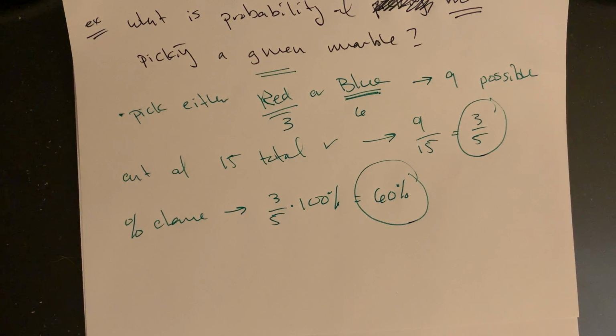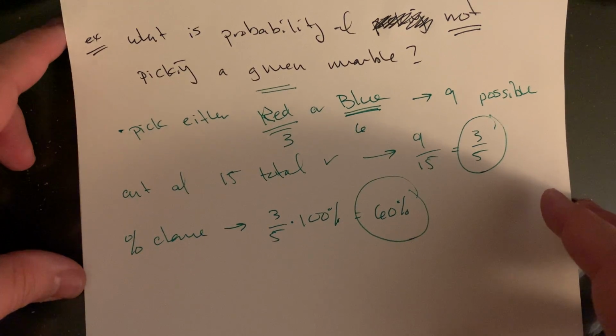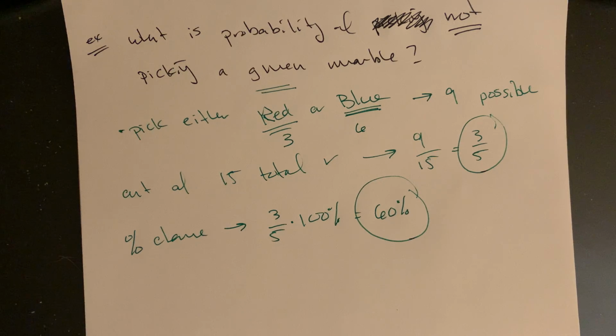Sometimes questions that use this sort of not framing are referred to as a complement, meaning it's sort of an opposite kind of thing. So you could actually find the probability of picking a green, which would be 6 out of 15, and then subtract that probability away from 1. You're saying the probability of this thing not happening is the opposite of the probability that it does happen.